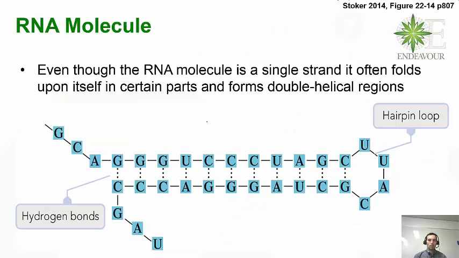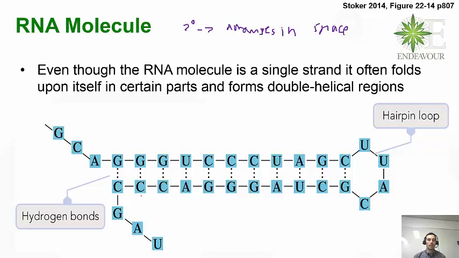Although our RNA is just made up of a single strand, we can have it forming what we call secondary structure. Remember, secondary structure is how something arranges in space. These can be arranged in space differently because they have the capacity to form hydrogen bonds together.